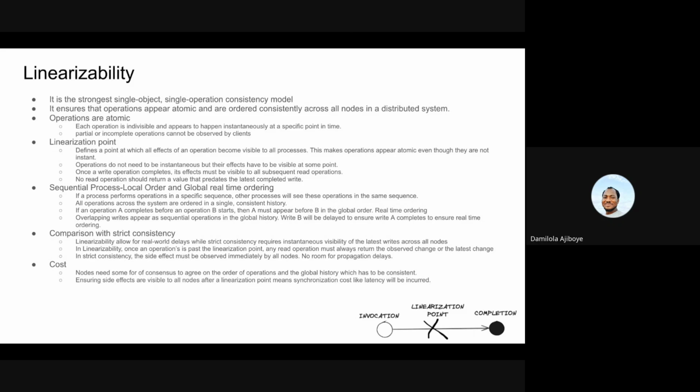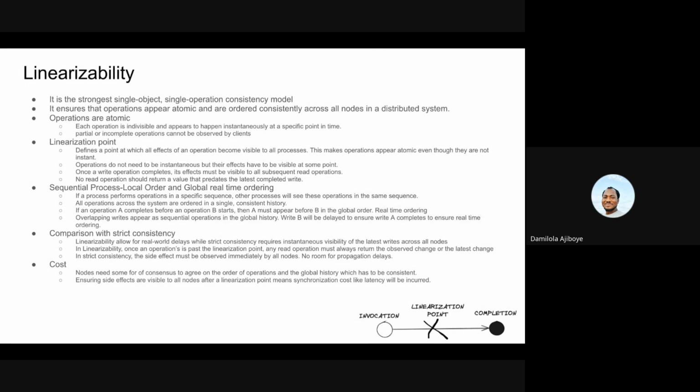We want to make sure that in this consistency model, the order of the operations carried out on a particular process is preserved. If a process has an operation A and then an operation B, it has to maintain that order. So A must come before B. That is when you look at it from the perspective of a process.